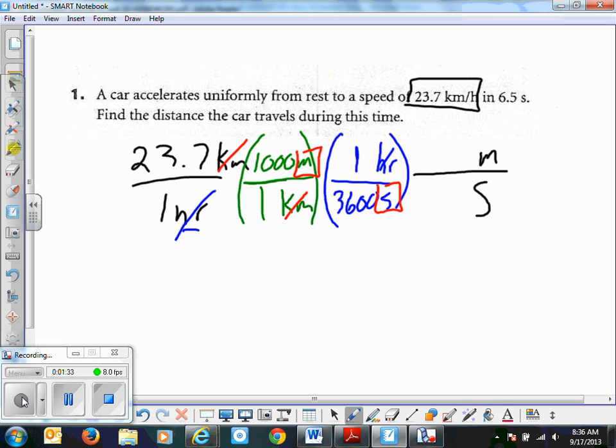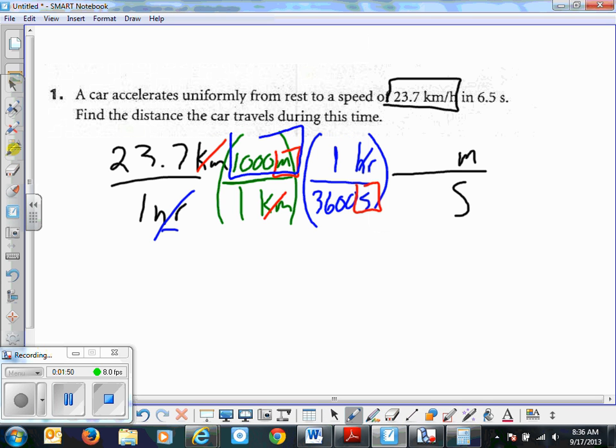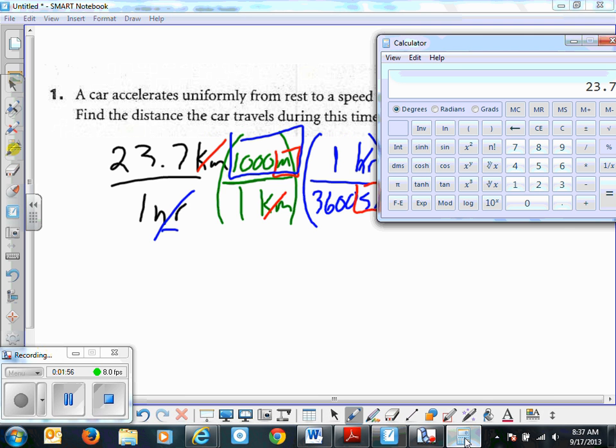Now we can do the math. So how do we do the math? You go to your first number and type it in, 23.7. And you go to your next factor over here. This is the number that you're going to be putting in, in the multiplication part. So you put 23.7 times 1,000.